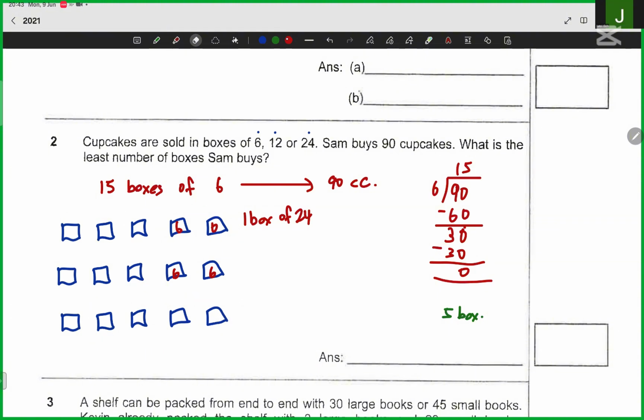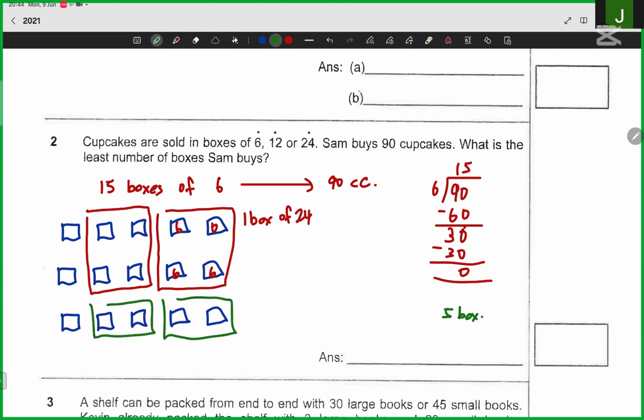Same thing, we can try 1 box first, 2 boxes first. Then if you try a box of 2, that doesn't work, right? That will be more boxes, also cannot. So since that's the case, this will be our best combination already, 5 boxes.